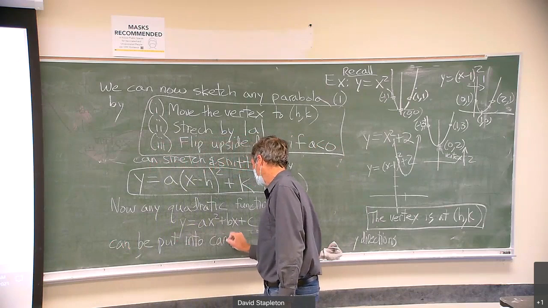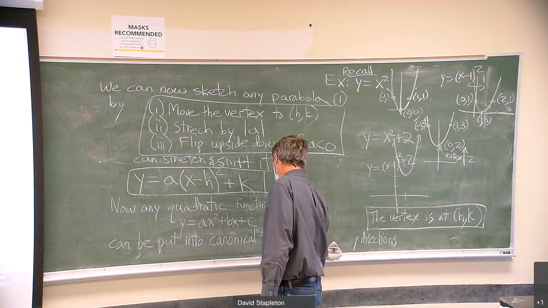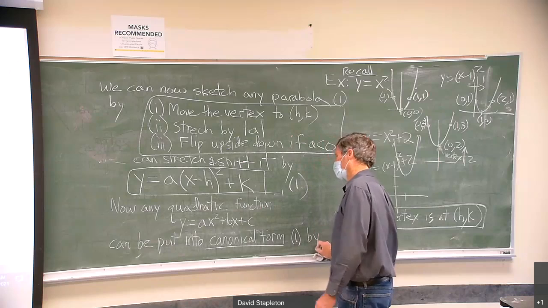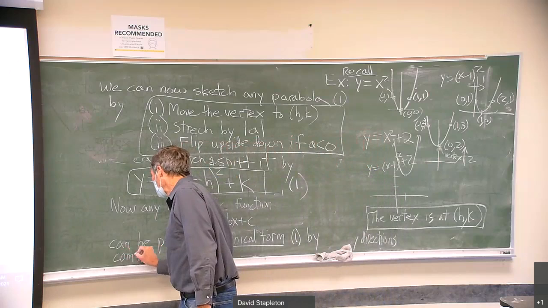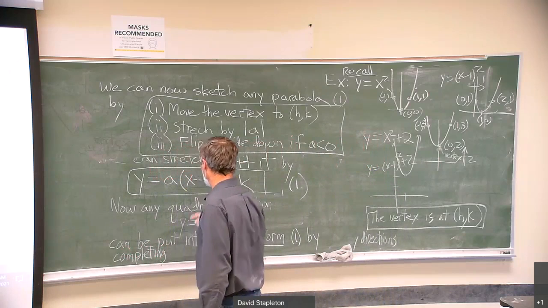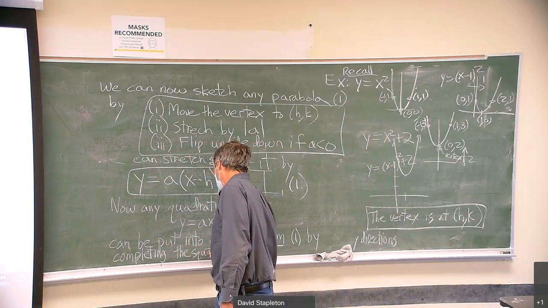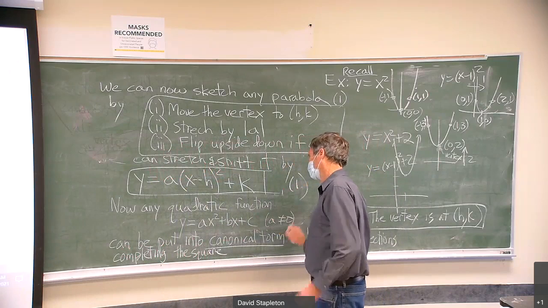It's called canonical or standard form 1, by completing the square. And so then any parabola can be sketched. That pulls it all together. I give you a function ax squared plus bx plus c with a not 0.